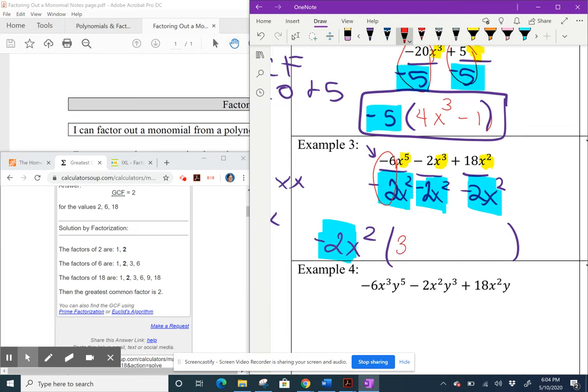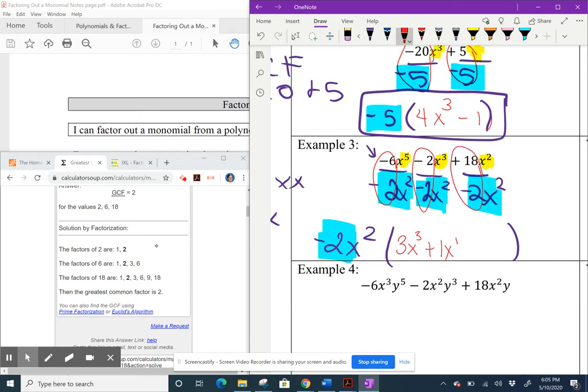Now this is the part where you need to remember the exponent rules. X to the 5th divided by x to the 2nd, we're subtracting the exponents. So that's x to the 3rd. Negative 2 divided by negative 2 is a positive 1. X to the 3rd divided by x squared is just x to the 1.